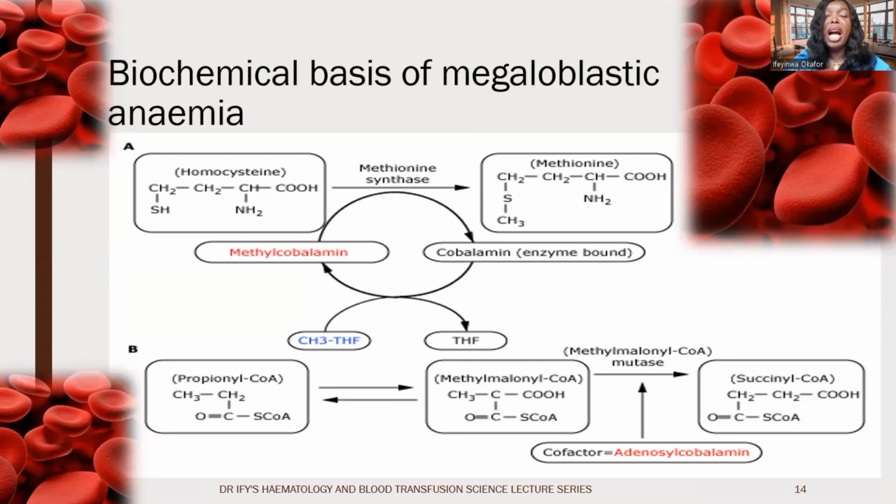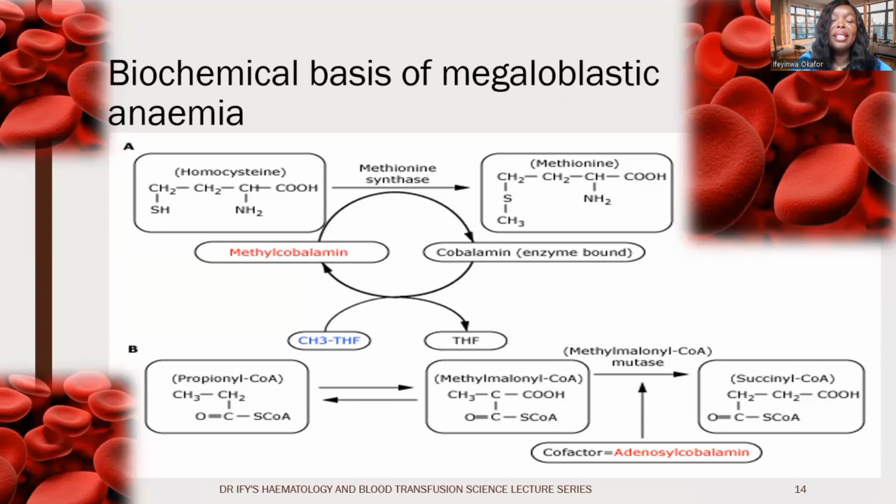I said, for you to have the active form of B12 and the active form of folate in the system, homocysteine is converted to methionine, and the enzyme involved there is methionine synthase. But B12 is involved here as a coenzyme in the form of methylcobalamin.